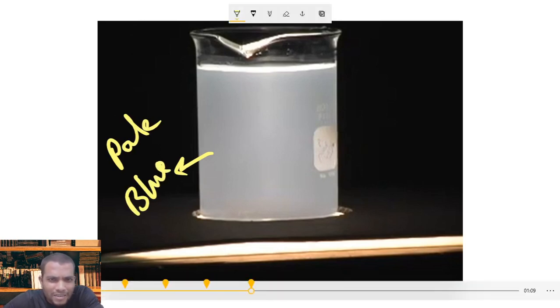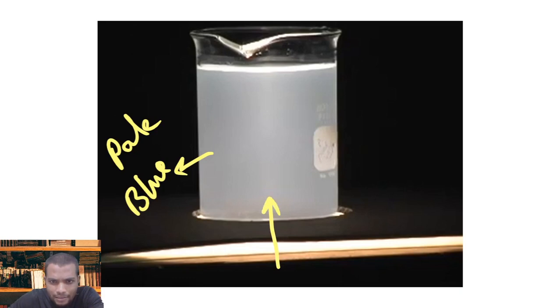Because the milk contains bigger-sized protein particles and fat particles, and they are all equally distributed through the water. Here the water is not transparent, but the light is coming from the bottom. Here you observe the light is coming all the way like that. This is the light source at the bottom.